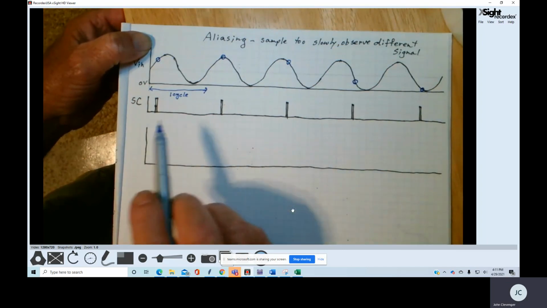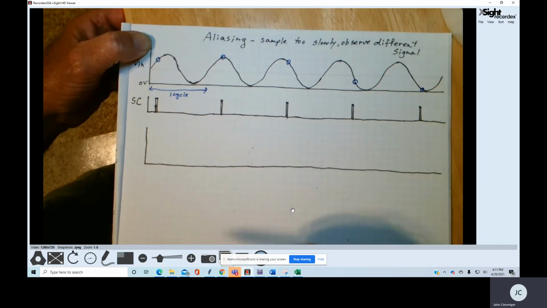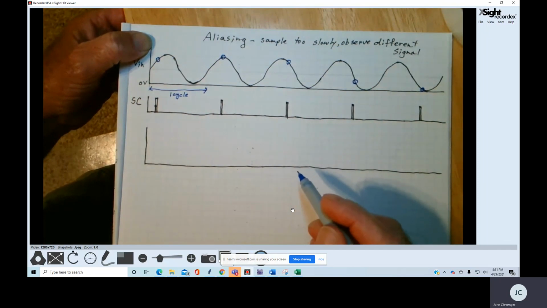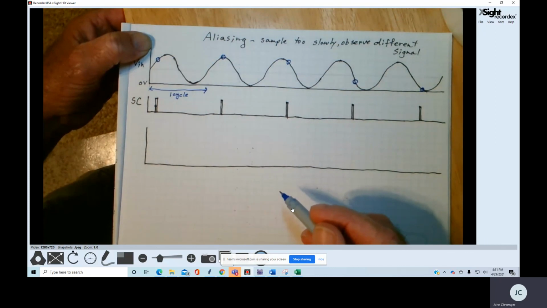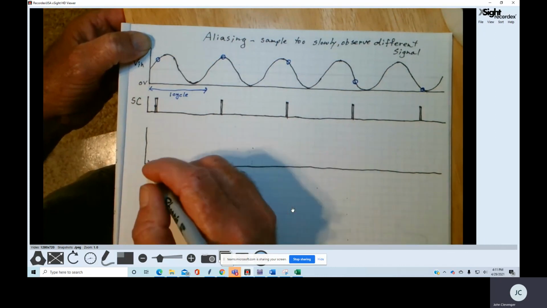And it's going to send this digital information to memory and then send it to the display unit to reproduce this captured information as a waveform on the screen.